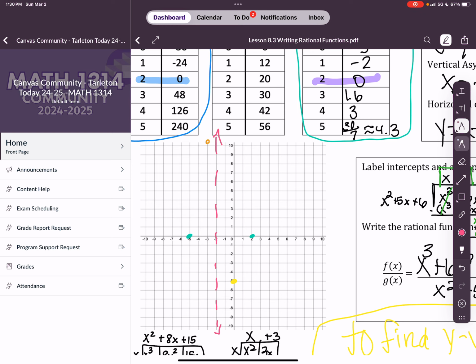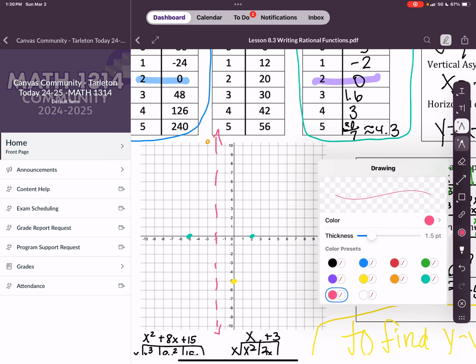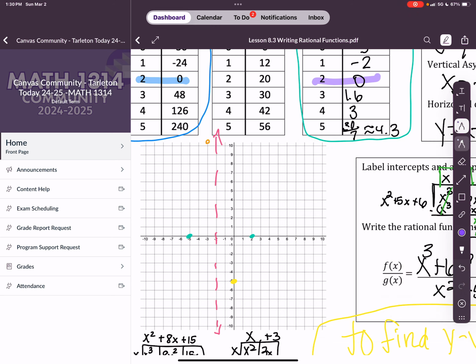Okay. And then my slant asymptote, use purple, was at x plus 1. So we're going to go up here to x plus 1. And I put a point so it helps me. Okay. Just kind of try to stay straight.